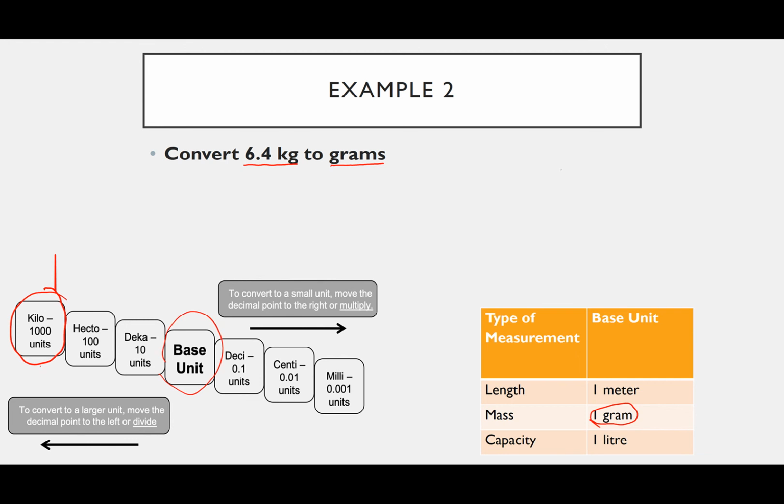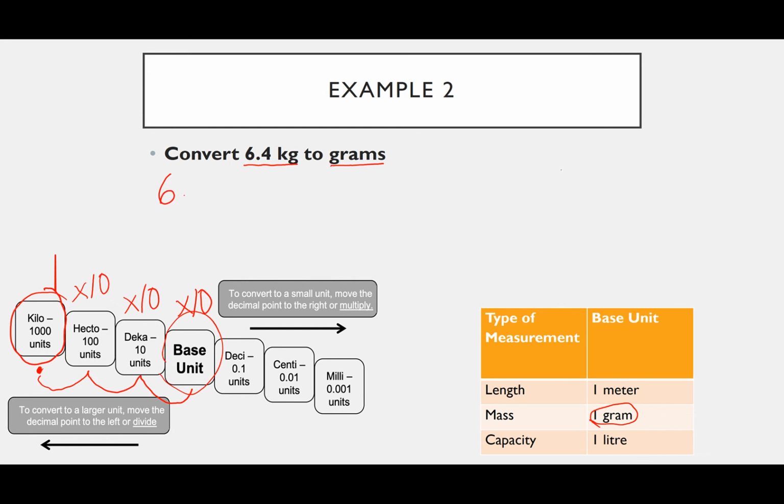Now we're going to take the decimal, starting at kilograms, and move it down to the base unit. So 1, 2, 3. We can also multiply that many times. So we can go times 10, times 10, and times 10. Now let's write this out.